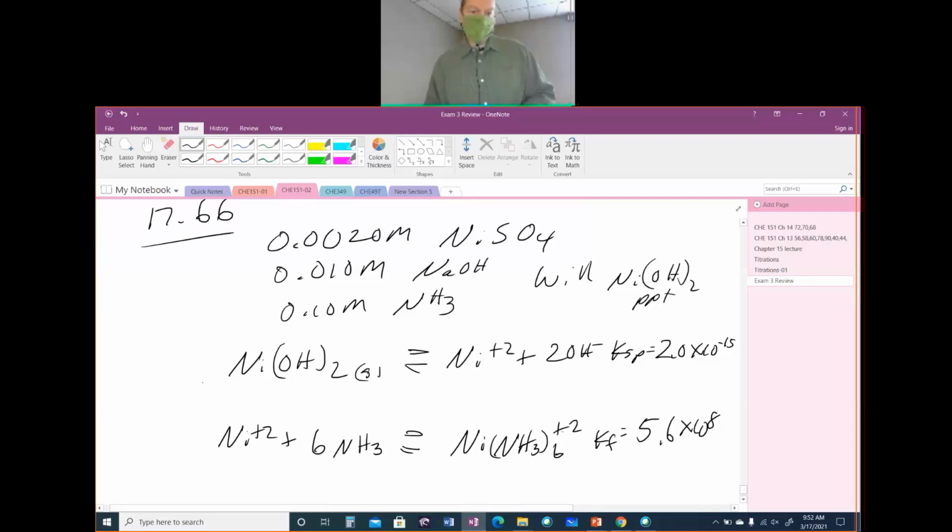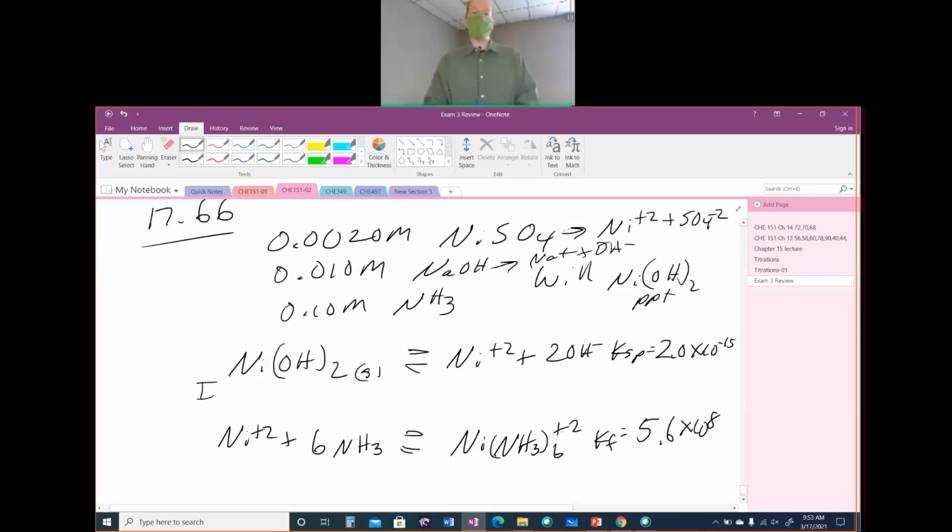So what that tells you is that you're going to have an initial nickel plus 2 concentration and a hydroxide concentration. All right. So we could answer that. These are completely soluble. Well, that's just NH3. But this salt is completely soluble. This salt is completely soluble. So you get Ni plus 2, you get SO4 minus 2, you get Na plus, you get OH minus.